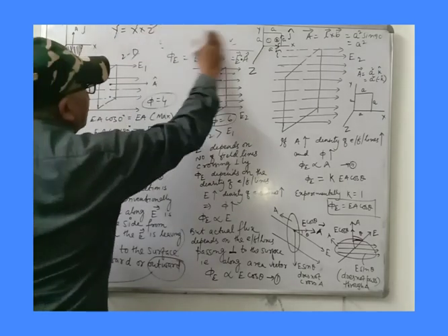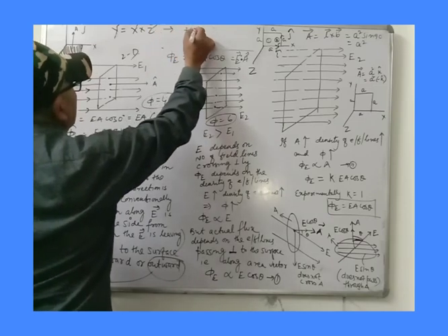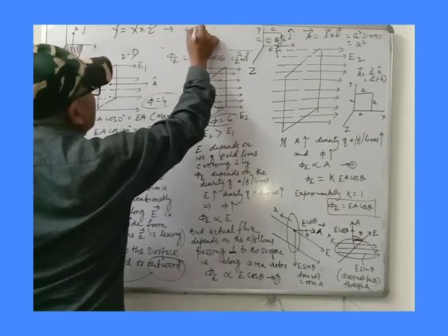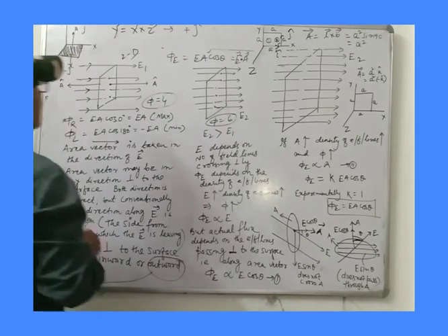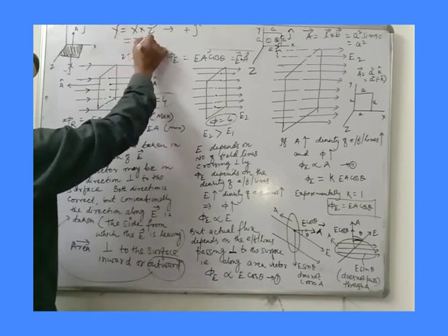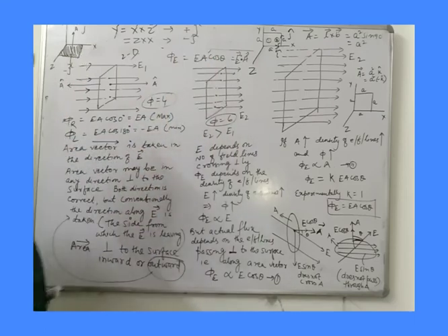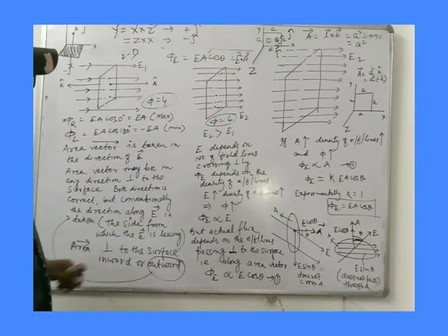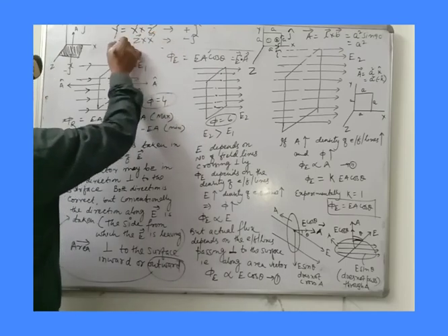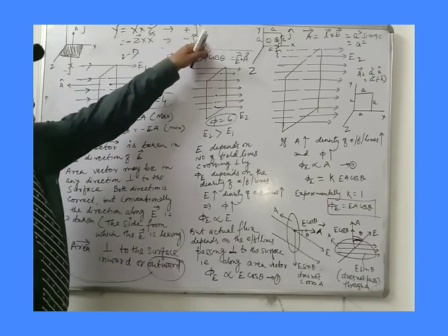Y will be positive, then it is j cap. Positive j cap. But if you find y as z cross x, then negative j cap. Obviously, x cross z is equal to minus z cross x. That means what does this show?